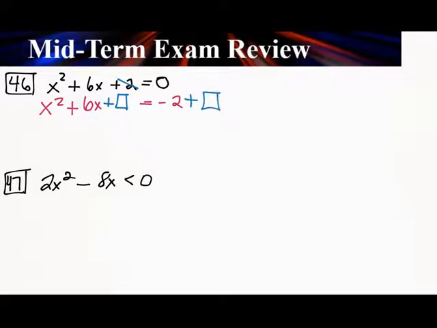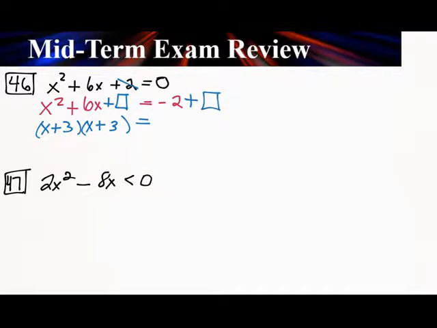Okay? So in order to do that, my goal is to get to here, where I have x plus and x plus. And the number in here beside the x plus has to be the same number. So I look at the 6. The 6, if I take half of 6, that's going to be a 3 and a 3. Okay? So 3x and 3x make 6x.